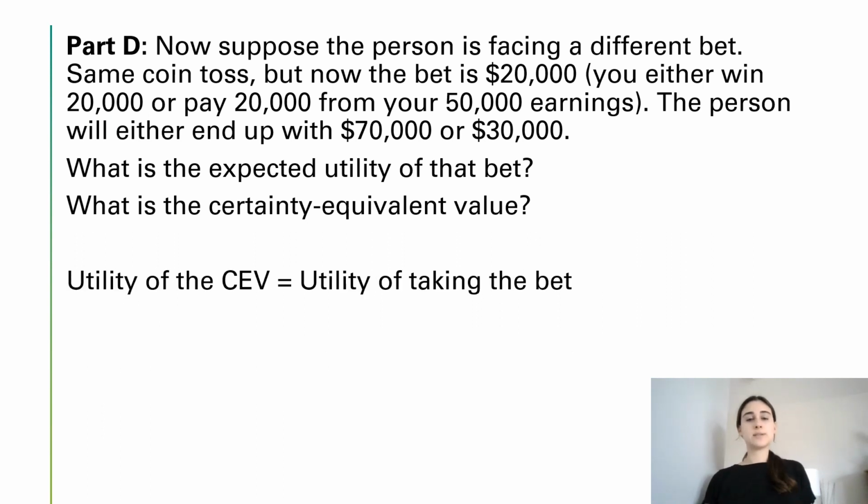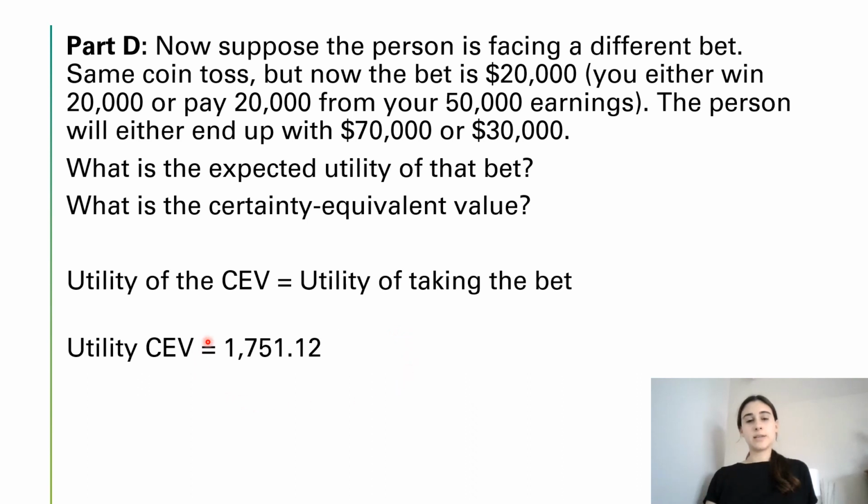Next, we must find the certainty equivalent value. Again, remember, certainty equivalent value is a dollar amount that is equivalent to the amount of utility the individual will get from taking the bet. In other words, it is the amount of money you could give to an individual that will convince them not to take the bet. So to solve this, we set up this equation. The utility of the certainty equivalent value must equal the utility of taking the bet.